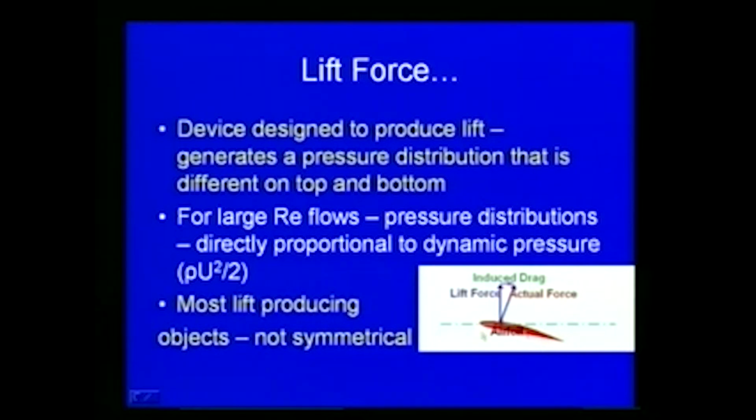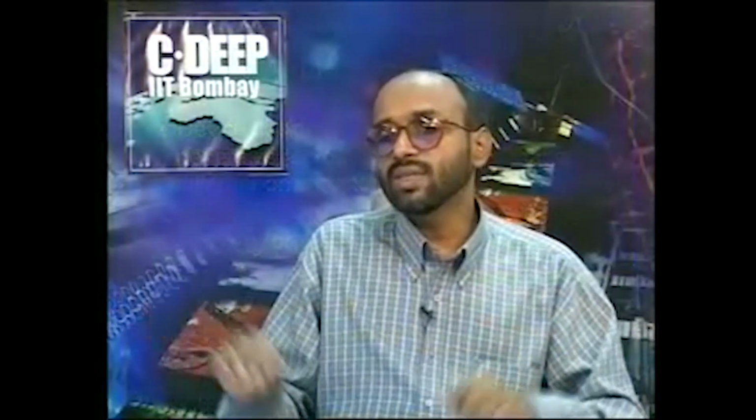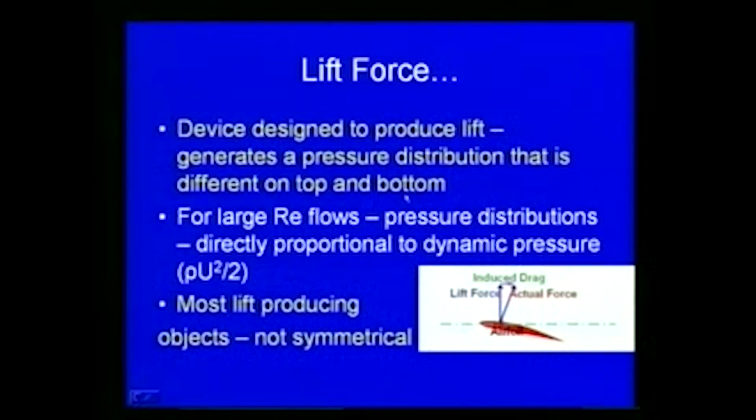If you consider, for example, an airfoil here, we can generate lift by having a pressure difference on the top and the bottom. In a very similar way, with the wings of the aircraft, there will be a pressure difference, and then we can generate the lift. For larger Reynolds number flows, the pressure distribution is directly proportional to the dynamic pressure.